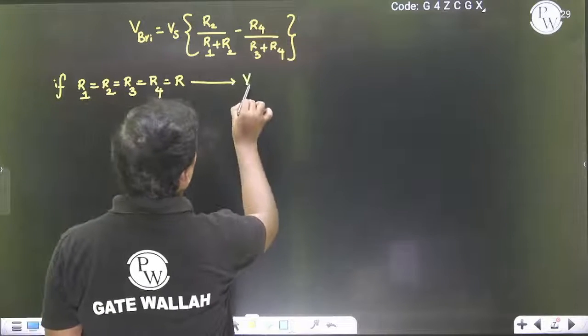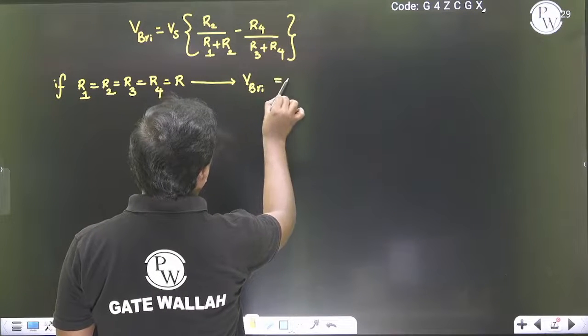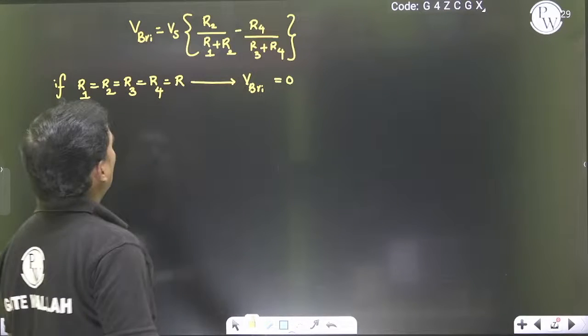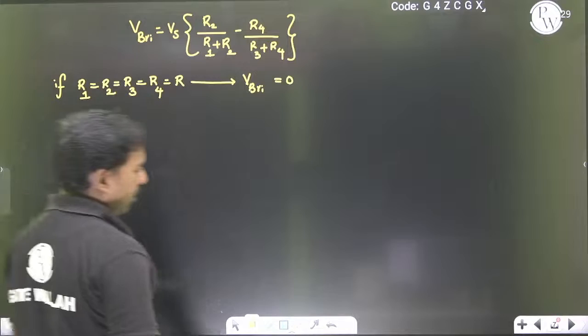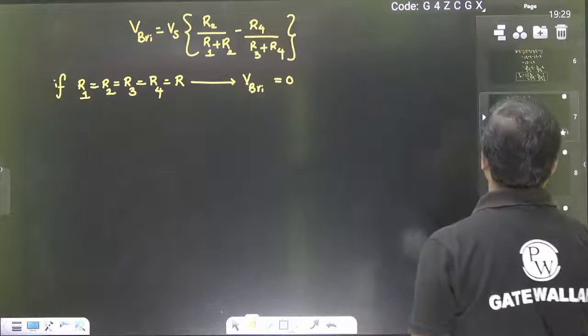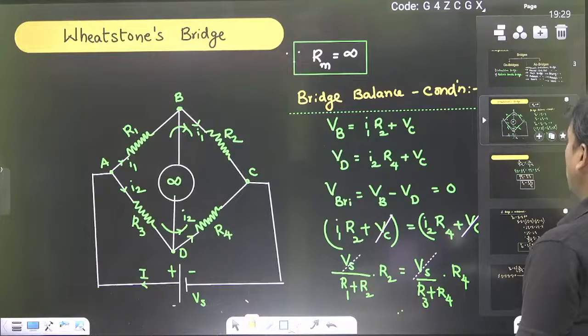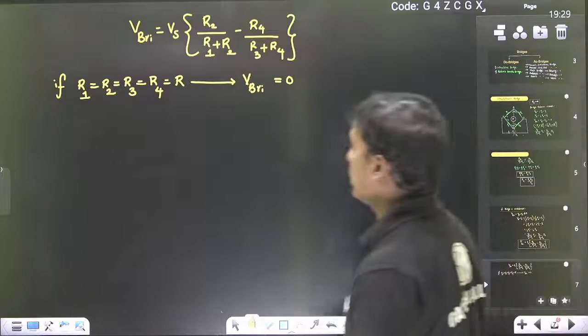This V bridge will become equal to 0. Suppose any one of these resistors is changing. For example, in this particular bridge, let us take R4 as changing its resistance.